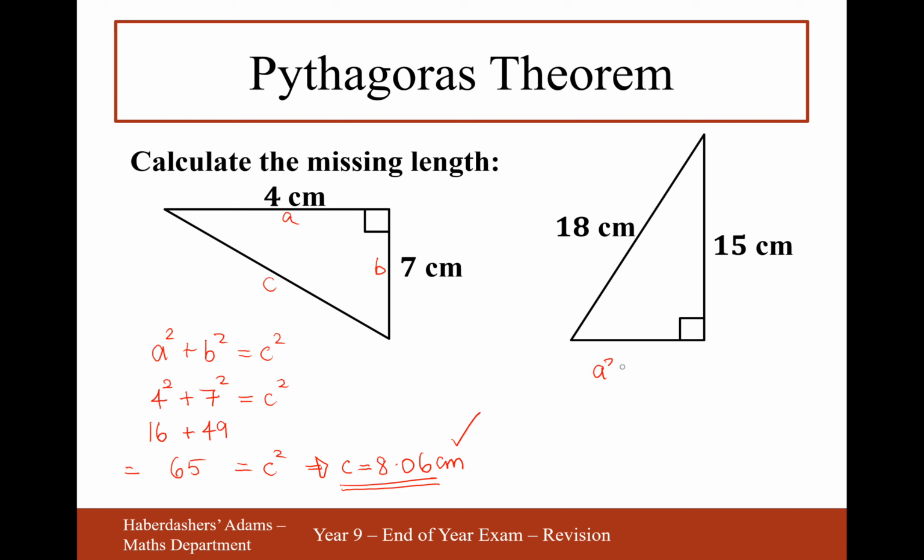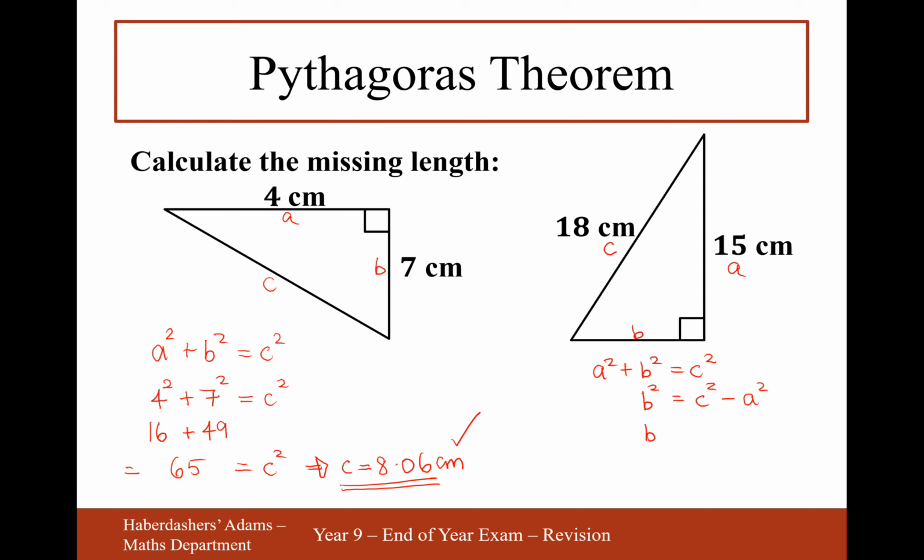Again, we've got a squared plus b squared equals c squared. And on this side is c. C is always the diagonal side on a right angled triangle, always the hypotenuse side. And it doesn't matter which way around a and b are, a this side, b this side. Now b is the one I don't know, so I'm actually first going to take away a squared onto the other side.